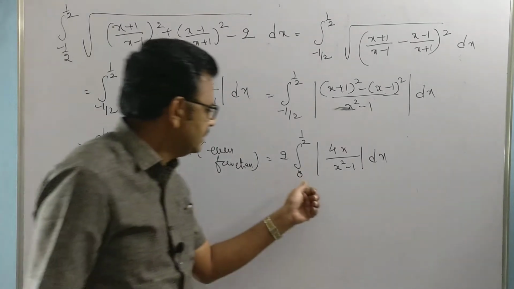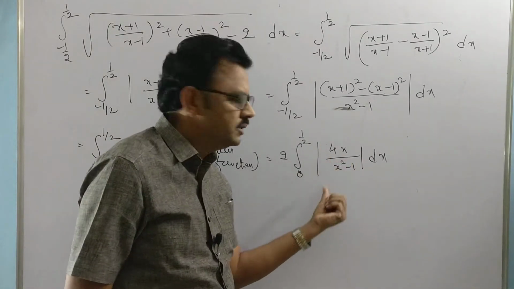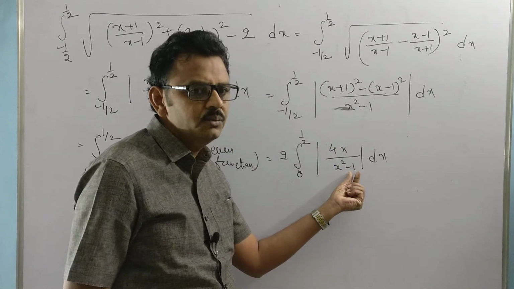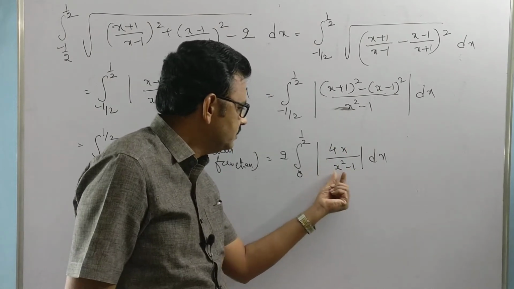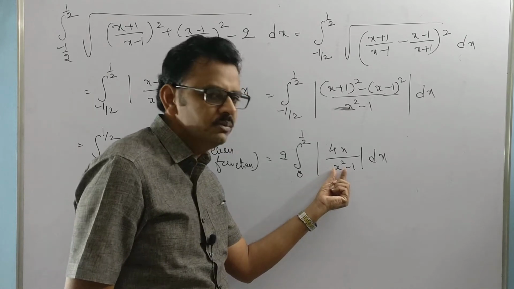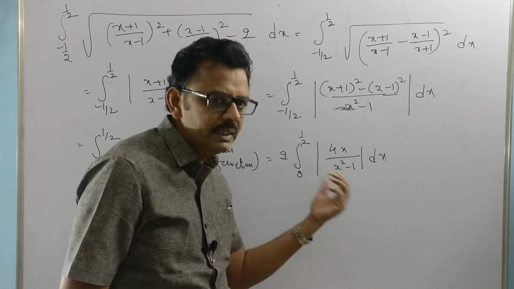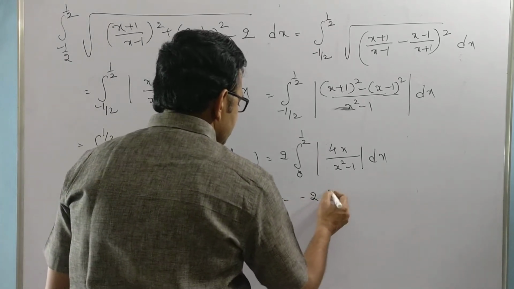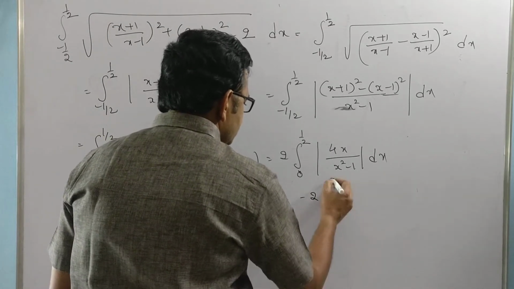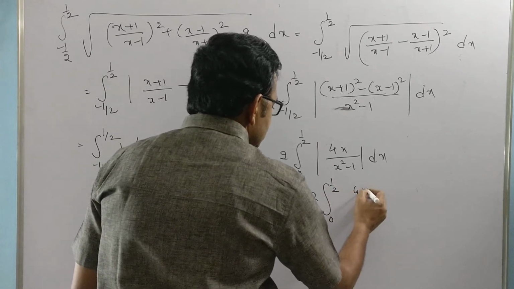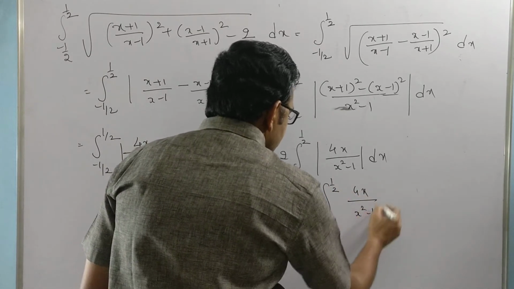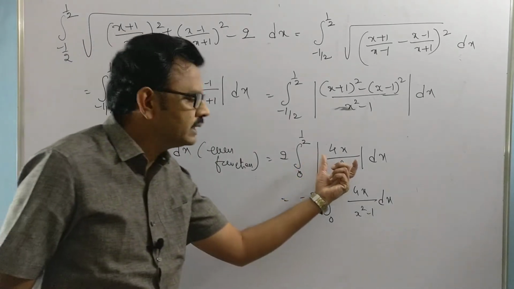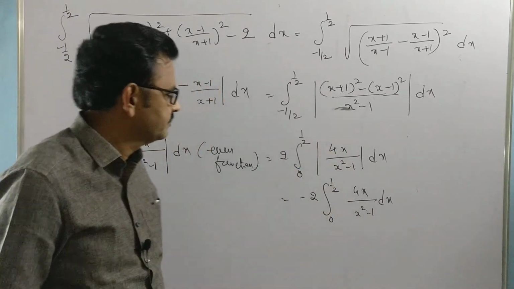In the interval 0 to 1 by 2, the numerator is positive and x square minus 1 is negative. If you write x equal to 0, 0.1, 0.2 and so on, the value becomes negative. So that is equal to minus 2 times integral 0 to 1 by 2 of 4x by x square minus 1 dx. In this interval, the total part is negative.